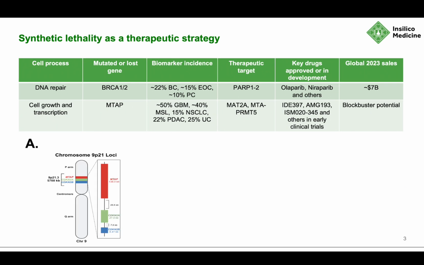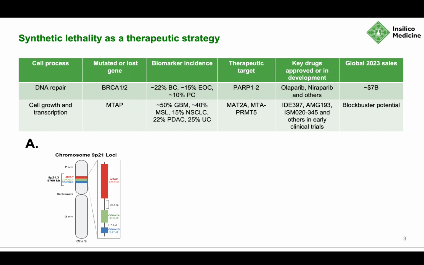Yeah, so this gene is located on a chromosome region called 9p21, which is the most frequent deletion in all of oncology. This region encodes two key tumor suppressor genes, CDK inhibitors actually. So without these genes, your cells proliferate very rapidly.